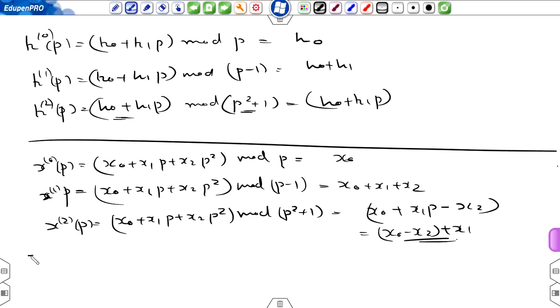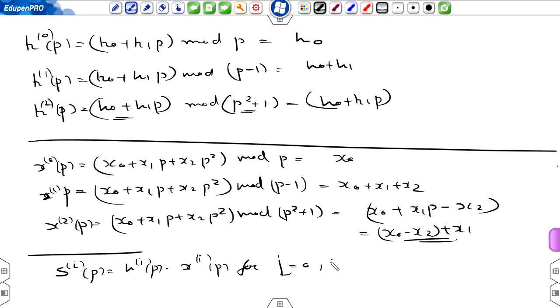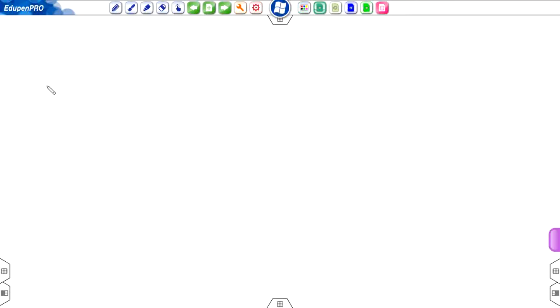Okay, so now we have to calculate s of ip, that is h of ip into x of ip for I equal to 0, 1 and 2. So s of 0p is h0 x0, and that can be written as s of 0 subscript and superscript 0, 0 for this and this 0 because the power of p is 0.